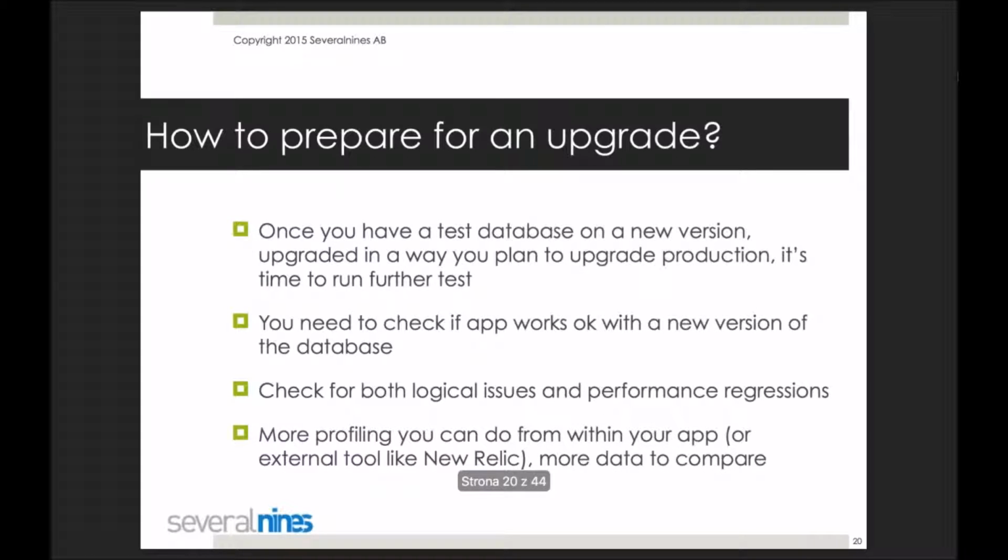Once you have a test database on a new version, it's time to do application checks, application tests. It is very important to keep in mind that this test database should have been upgraded in the same way as production will be. It's really tempting to cut corners and save some time, for example, maybe run the binary upgrade instead of dumping and reloading and leave this long process just for production.